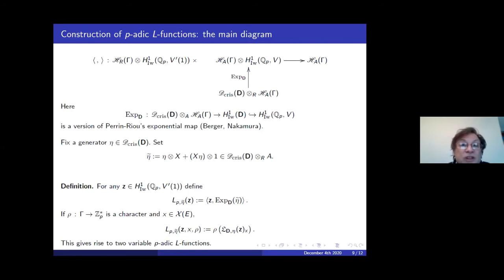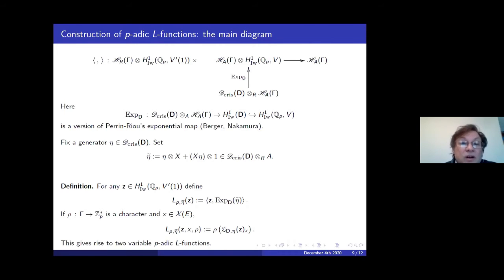Now we proceed to the construction of abstract P-Adic L-functions. We extend scalars formally, tensoring the second term here with A over R, and considering the pairing with values in H A gamma.